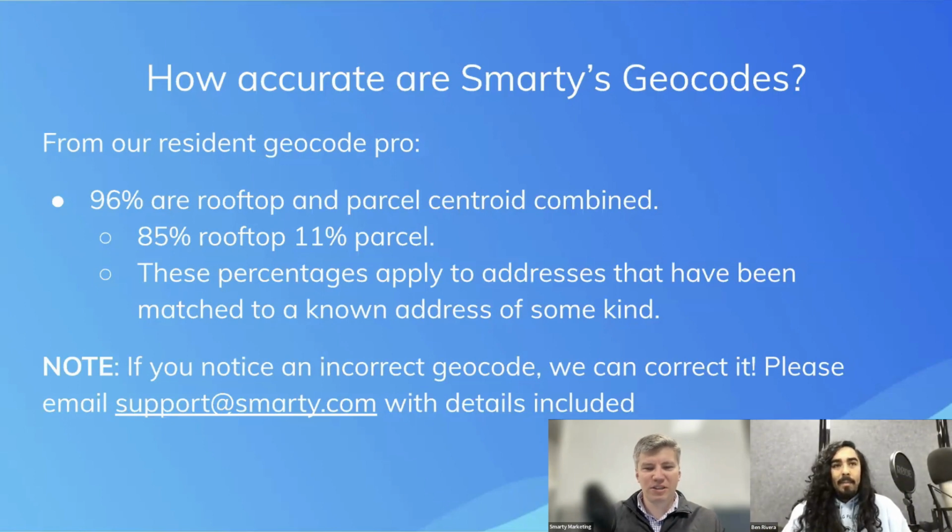So maybe just a little bit of clarification. I'm going to assume most of the people that are on this webinar or watching it are familiar with what geocodes are. That's why they're here. But maybe we should talk about, because that 85% rooftop is a major Smarty specific number.